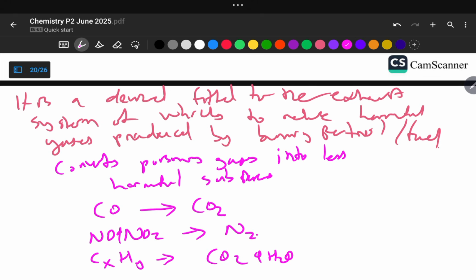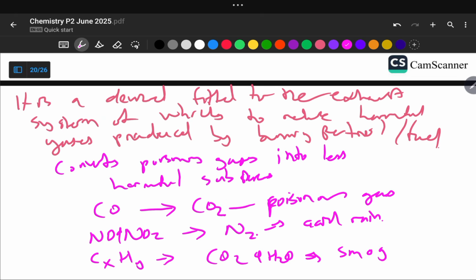Carbon monoxide is very poisonous in the body. It forms carboxyhemoglobin, a stable compound which reduces the oxygen concentration within the body. It's very dangerous. The nitrogen oxides cause acid rain, and the soot contributes to smoke formation.